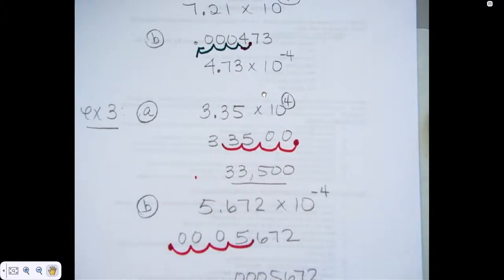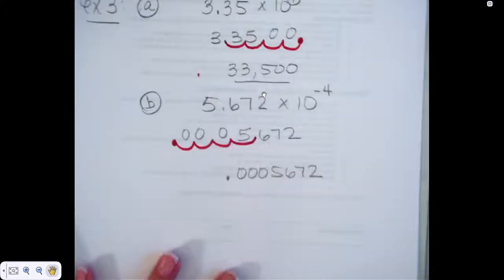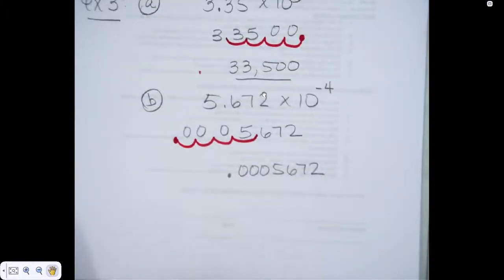So the decimal notation of 5.672 times 10 to the negative 4th is written as 0.0005672. What you need to keep in mind, again, negative exponents are very small numbers. Positive exponents are very large numbers.